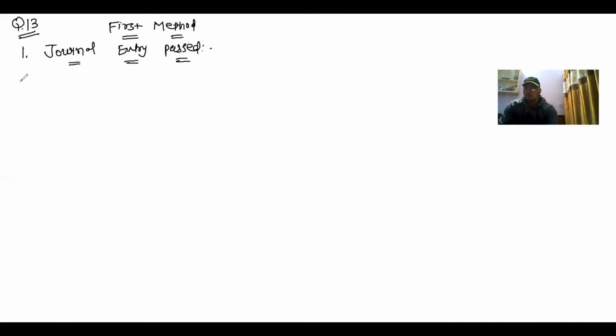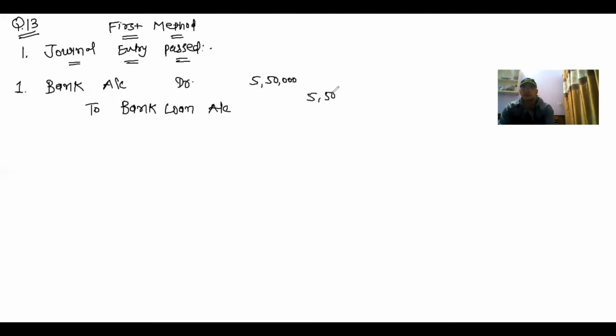So here the journal entry for loan obtained from the bank, that is bank account debit to bank loan account. Bank account debit to bank loan account. The loan amount is 5,50,000. So 5,50,000 is the amount for which the loan is obtained.